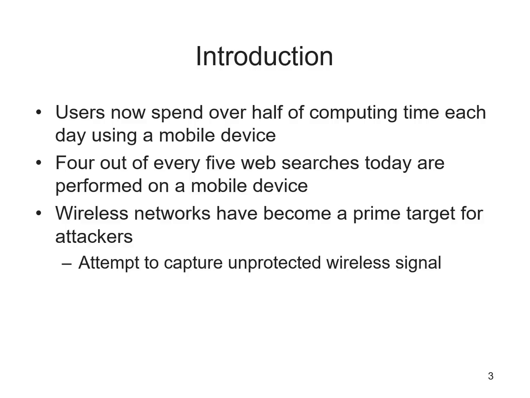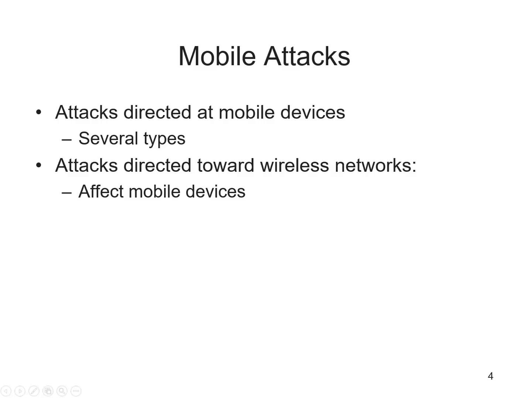If the settings are not optimum for the security of the Wi-Fi network, there are high chances that your Wi-Fi network will be compromised. Now, when talking about mobile attacks, attacks are directed at mobile devices. They are of several types. They could be through Wi-Fi, through Bluetooth, or through 4G networks.